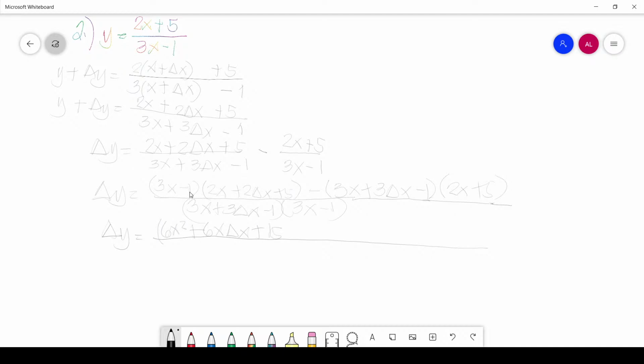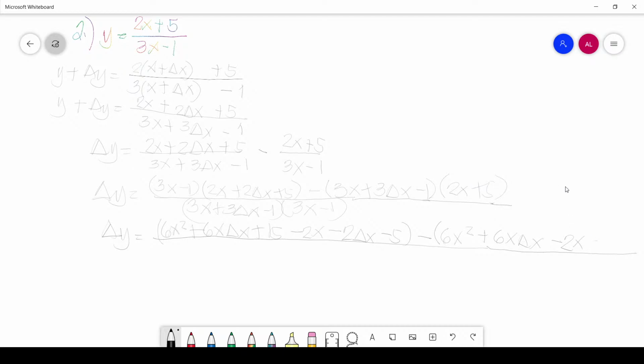Then negative 1 times 2x, that is minus 2x. In negative form, 2 delta x minus 5. Minus, don't forget the quantity, the bracket. 3x times 2x is 6x squared. Then this is plus 6x delta x minus 2x. Then plus 5.